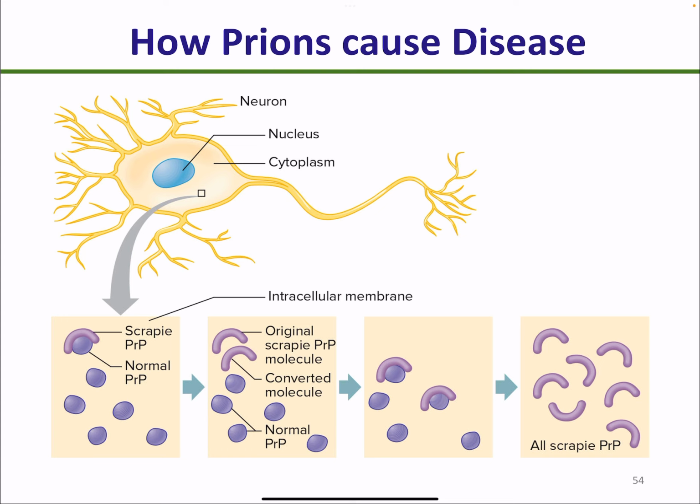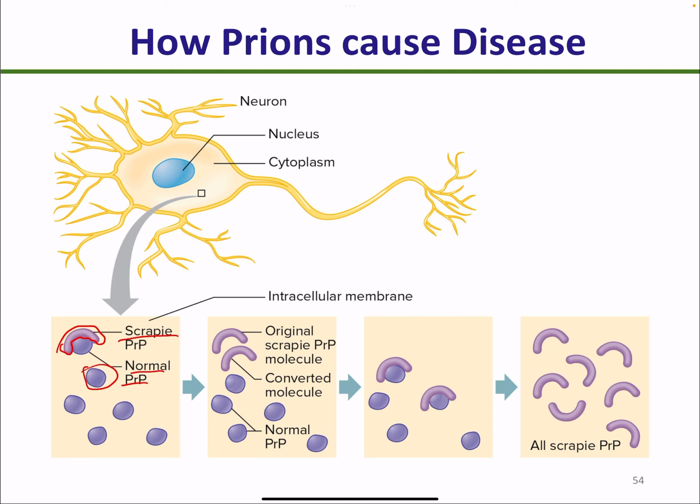All right, so let's conclude this chapter here. So you have the scrappy protein that is misfolded. That scrappy protein is going to target the normal proteins, causing them to change their shape.